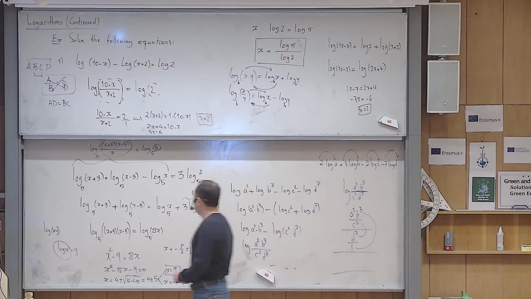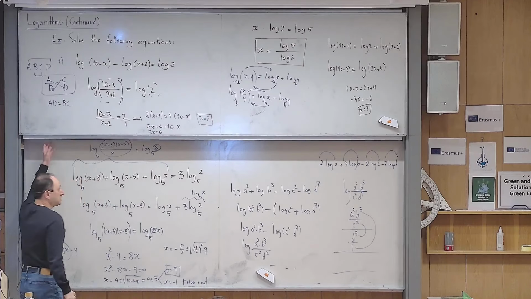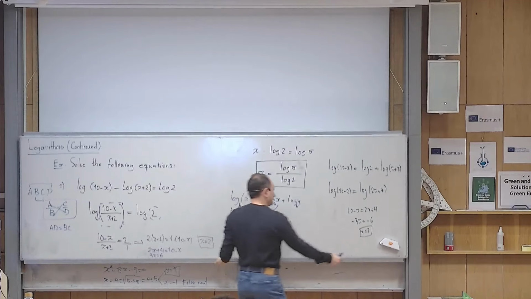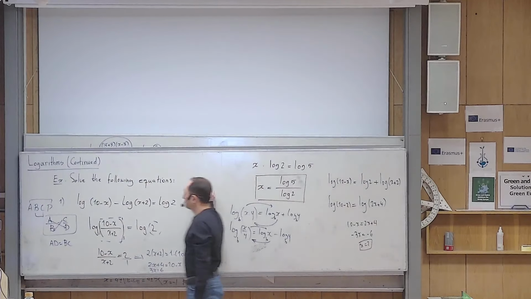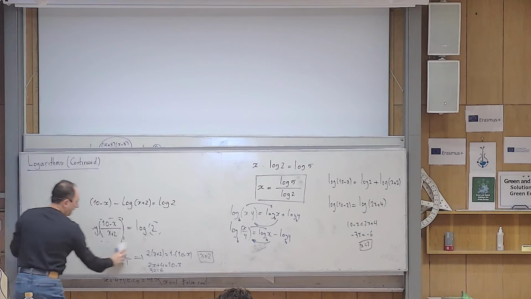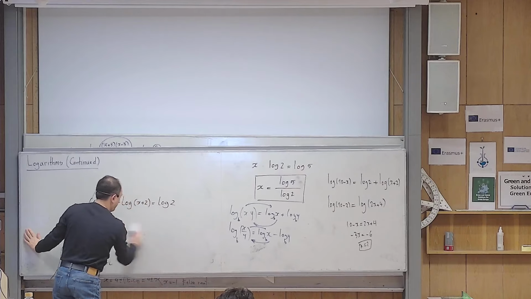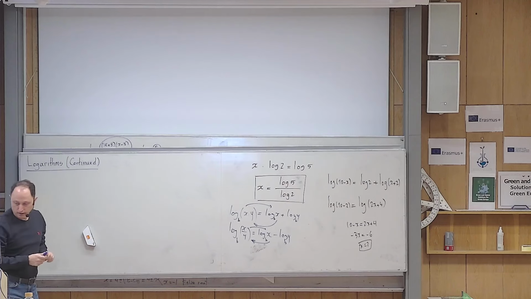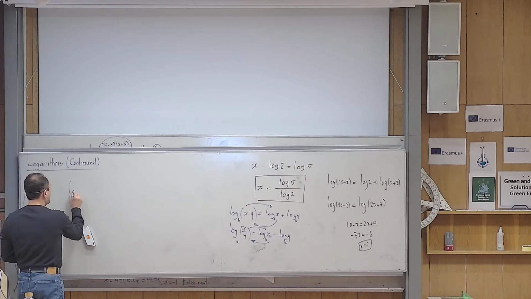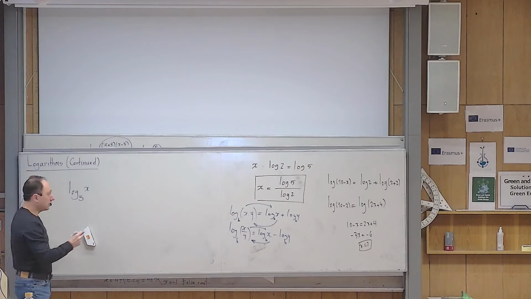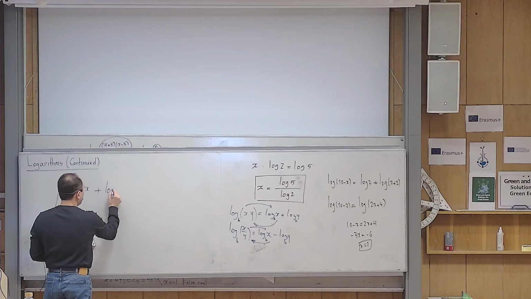Okay. Anyway, so now I want to give you another question and wait for you again. Okay, so this one, logarithm of x to the base 3, and then you have plus logarithm of x to the base 5.